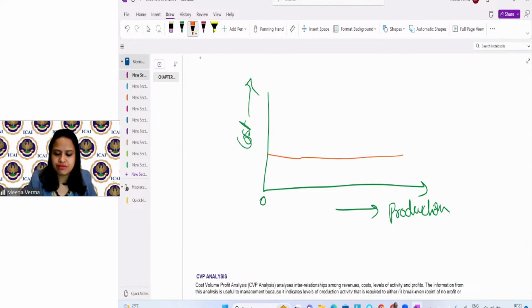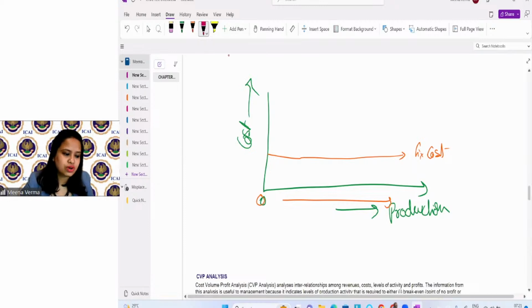So this is a graph of fixed cost, because whatever you produce, 0 unit or otherwise, the company will always incur fixed cost.